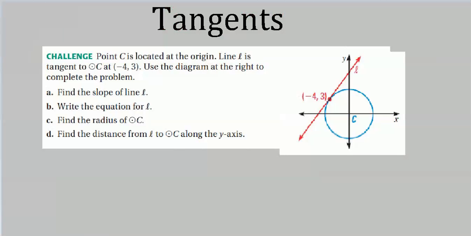Here's one that's going to use a lot of the stuff that we learned in previous sections. For instance, what's the slope of line L? Well, let's take a look at this radius here.